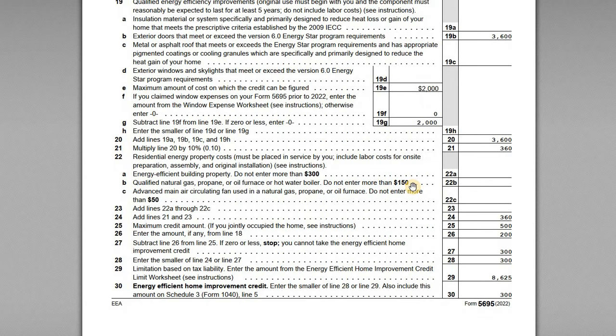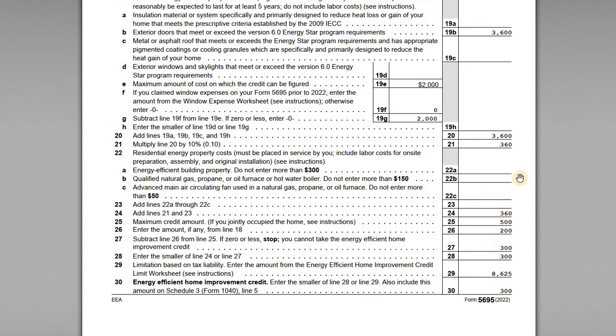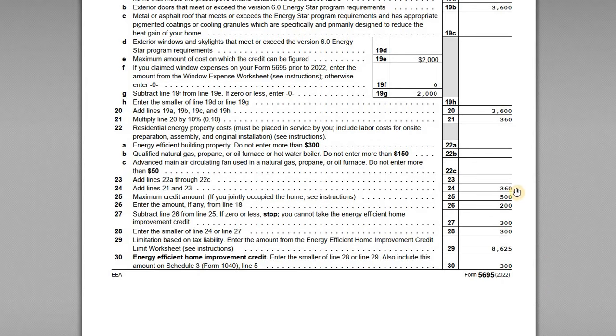Now, notice what has to happen here. He's got a $360 credit available for the current year, but we need to factor in how much of this energy efficient credit we have claimed in prior periods. This is where the reconciliation comes down here. We've got the $360, the maximum credit amount, remember, it's $500, but the amount from line 18, the $200 figure there, reduces the amount of his available credit remaining.